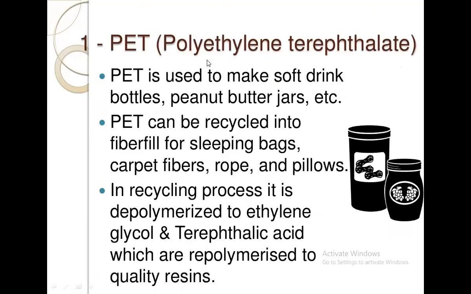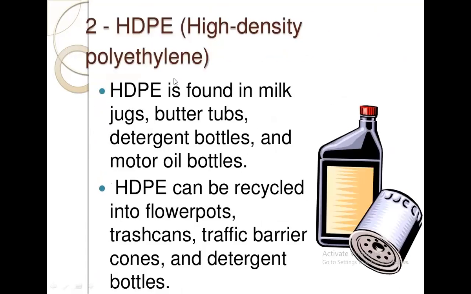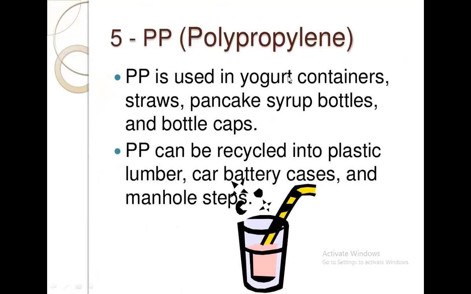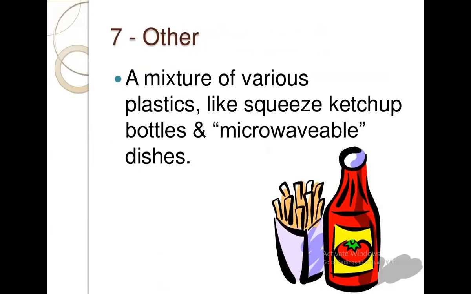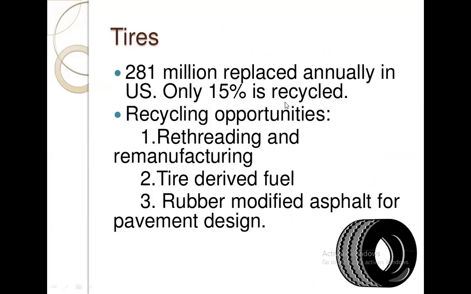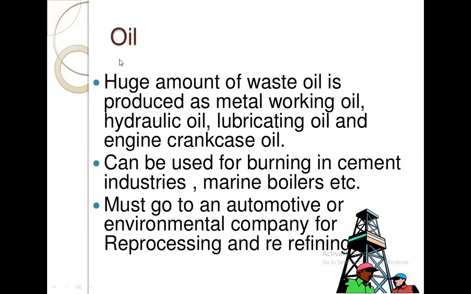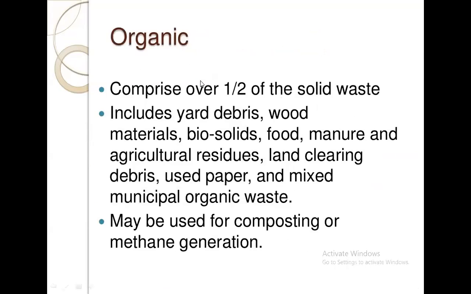That includes polyethylene terephthalate, polyethylene, high density polyethylene, low density polyethylene, polyvinyl chloride, then polypropylene, polystyrene, other mixture of plastics, tires, glasses, lead acid, oil, electronic waste, and organic waste. These all types of waste are recyclable. They are reused after processing.